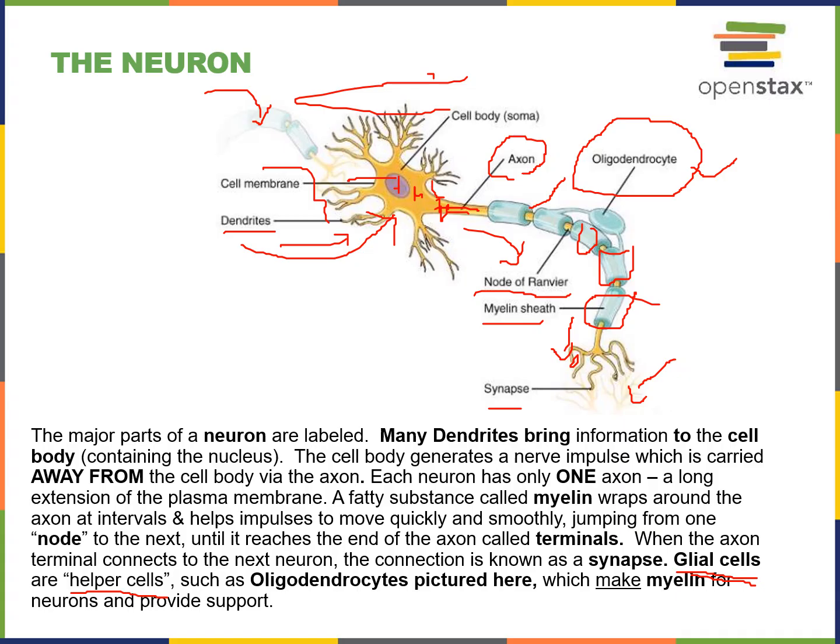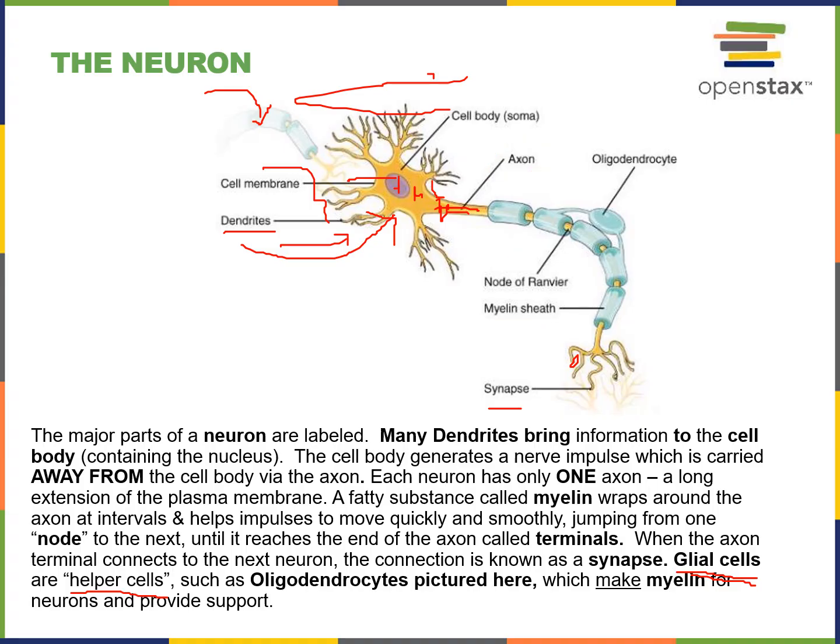Well, when an action potential is actually moving, I'm just going to remove some of my markings to make this less busy here. Yes. So back to the action potential.